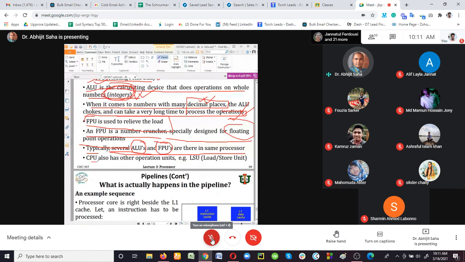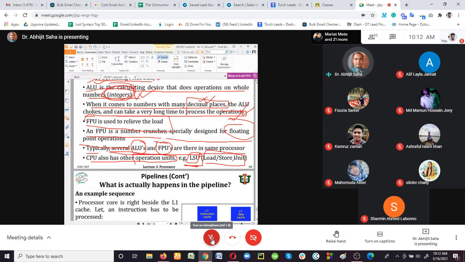You can also see here that the CPU has another operation unit, the LSU. What is the LSU for? Load or store, this is known as the load and store unit. Through it the CPU is going to store something or load something, which we have already seen in the detailed pipeline execution example.